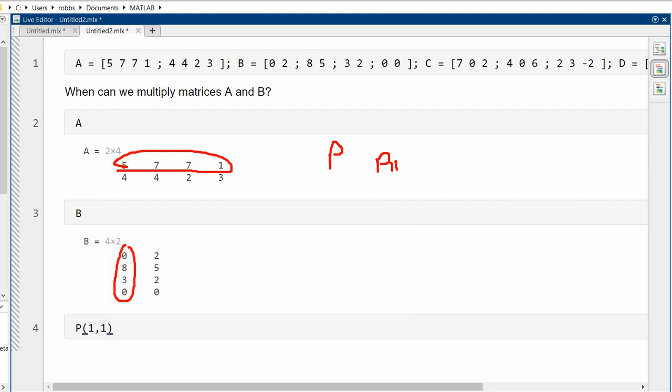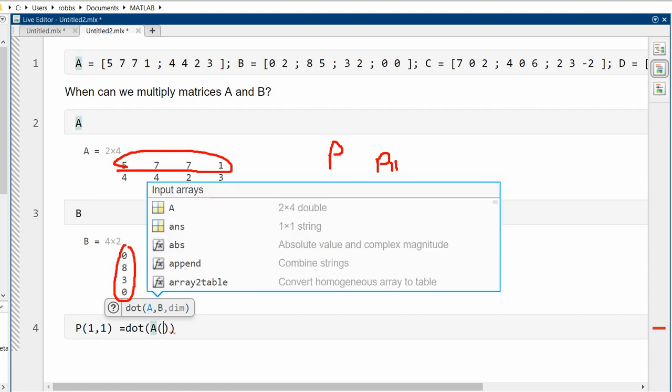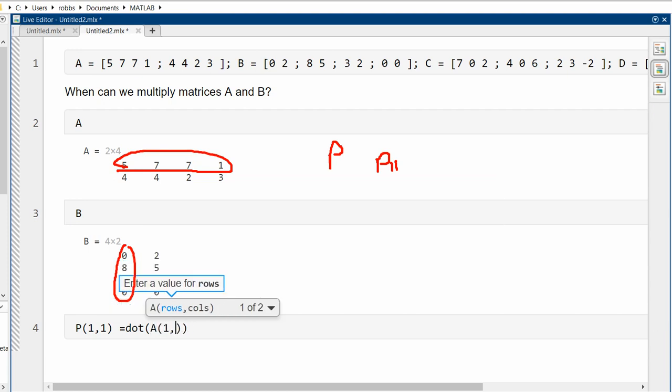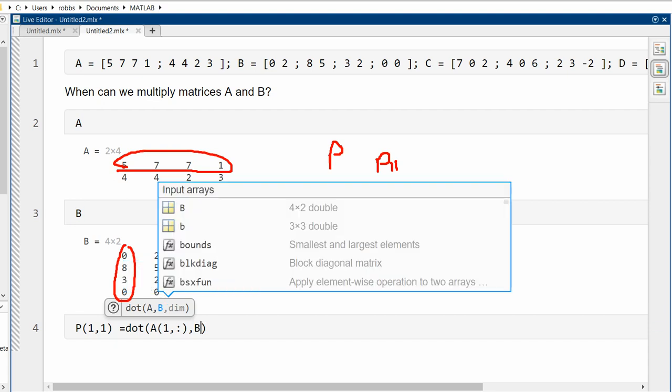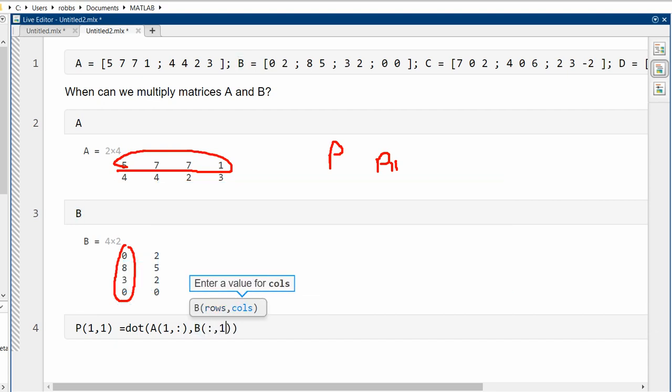Let's do P sub 1,1 equals the dot product of A, where I want row 1, and B, where I want column 1.